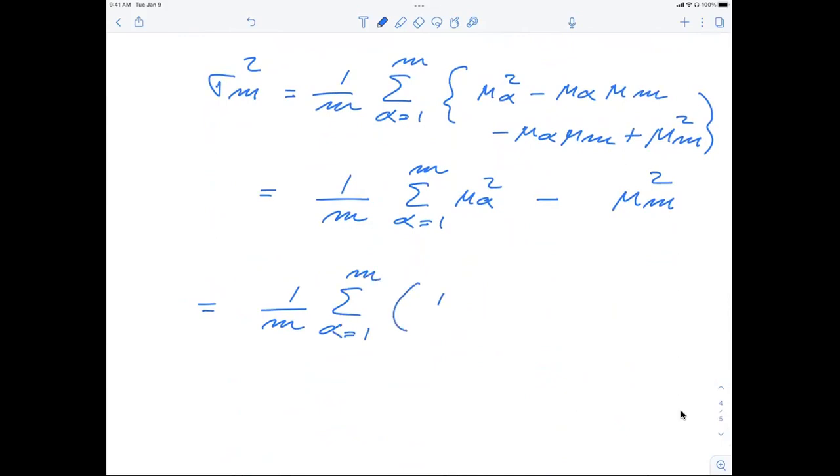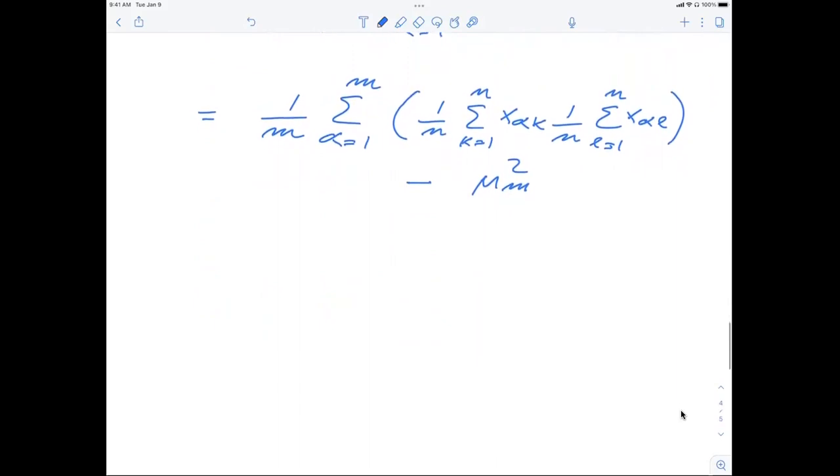And then I'm going to have a 1 over n, sum over k equal to 1 up to n of x alpha k. And then I'm going to have a 1 over n, and an l equal to 1 up to n of x alpha l, like this, minus mu of m squared.